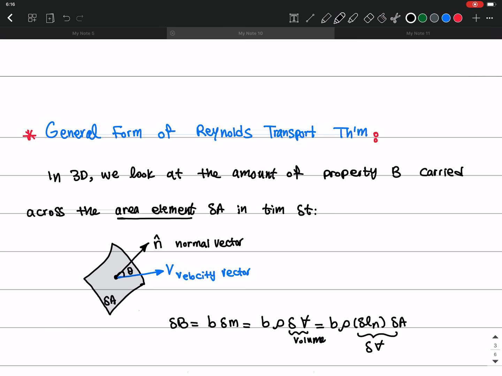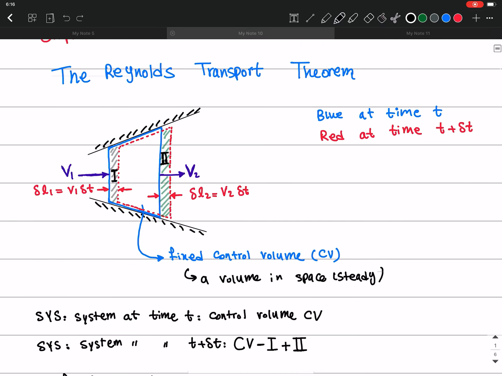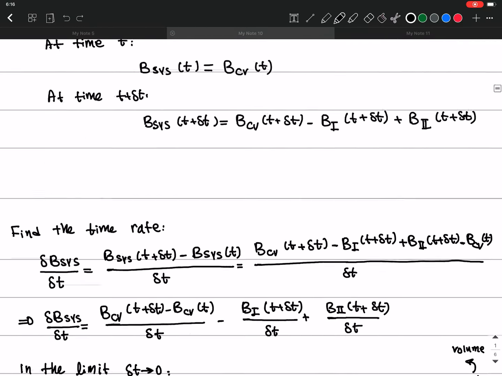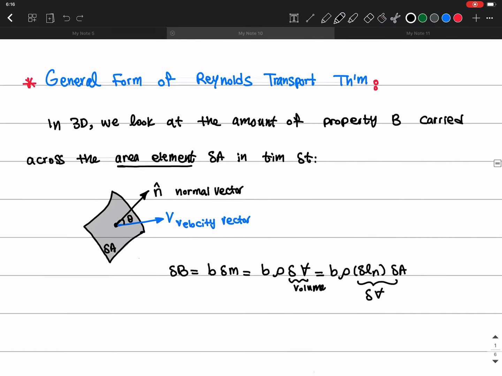And why I only look at delta Ln, the normal component, is because we are interested in things that go across these area elements, right? Whatever goes across this is what we are interested in, and not whatever goes parallel to it. We are only interested in what goes across, so we should only look at the normal component.